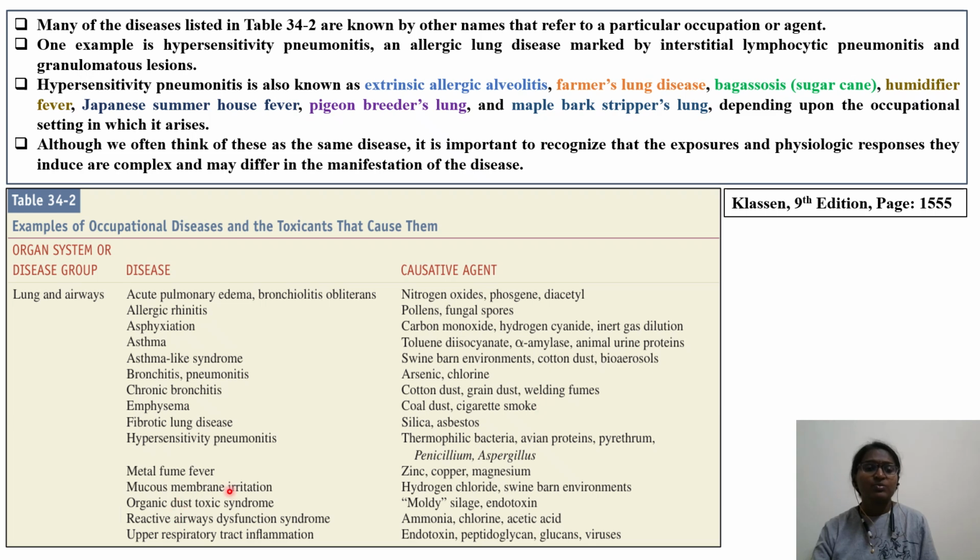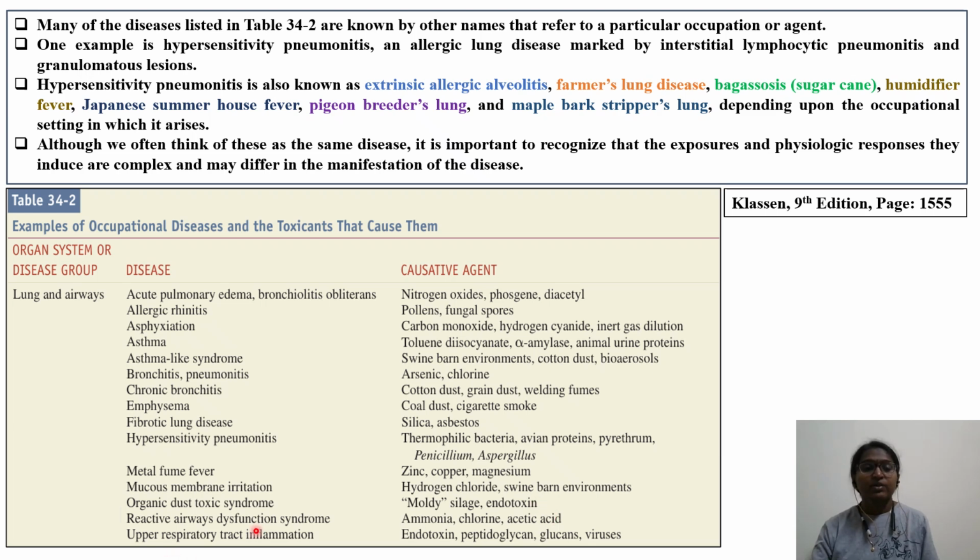Then we have mucous membrane irritation: hydrogen chloride. Swine barn environment, organic dust toxic syndrome: moldy silage. Again important in the case of silage. The moldy silage will be there, no? That is the source of causing this organic dust toxic syndrome, endotoxins. Okay.